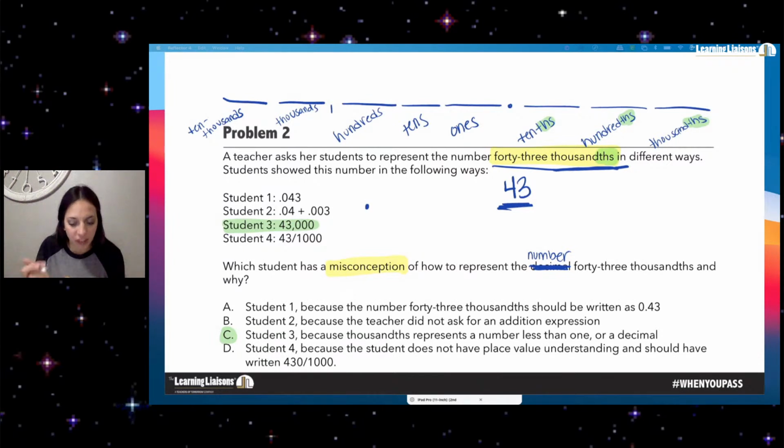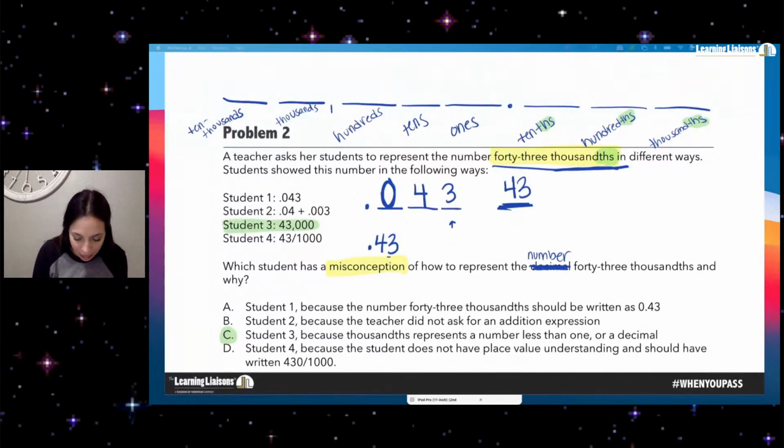So if I have my place value and I know that this is my thousandths, the 3 needs to sit there and I'm going to fill in all the other numbers. And then if there's no more numbers to fill in, I put a 0 here. This would be 43 hundredths because the last number sits in the hundredth spot.